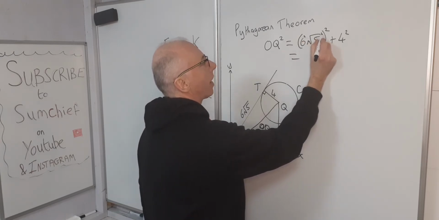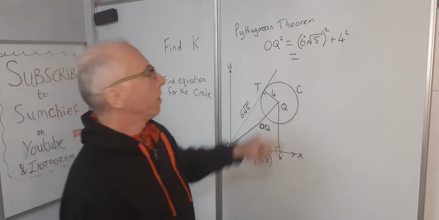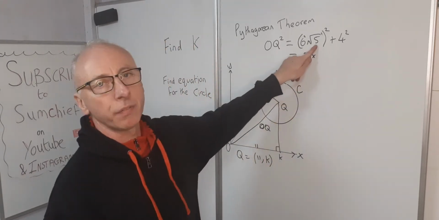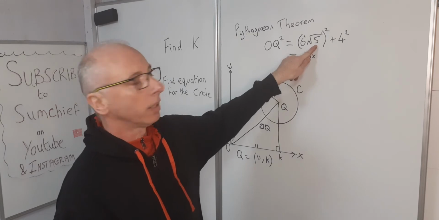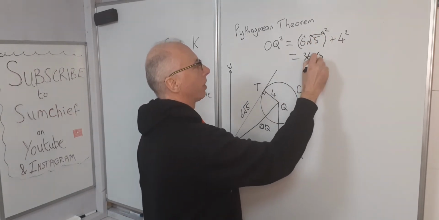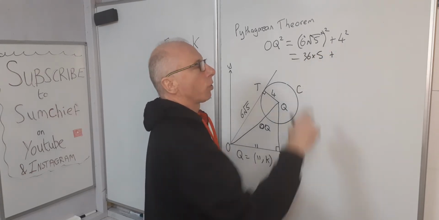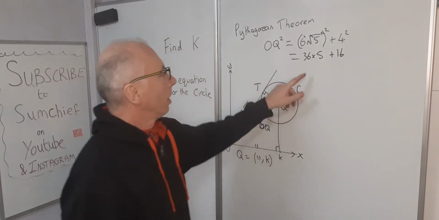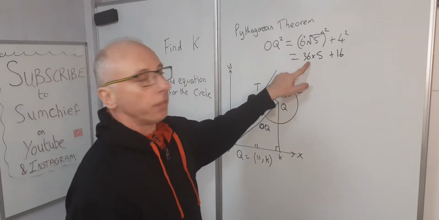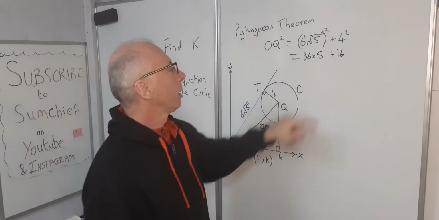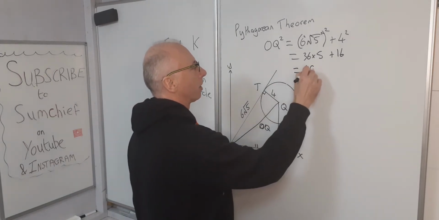So 6 squared is 36, and then we multiply that by the square root of 5 squared, which cancels out and just gives us 5. And then we add 4 squared, which is 16. Okay, we do this one in our heads. 5 times 36 is 180. 180 plus 16 is 196.